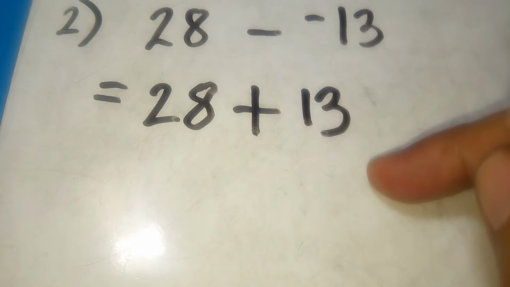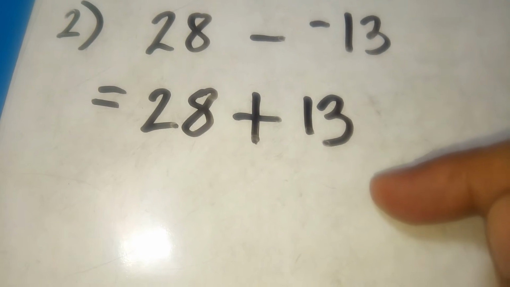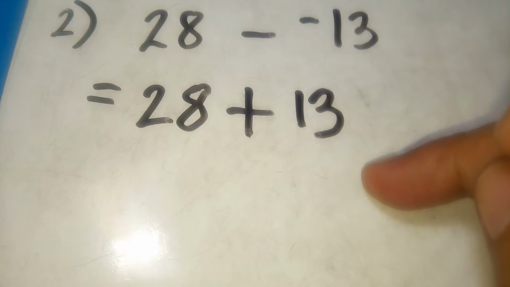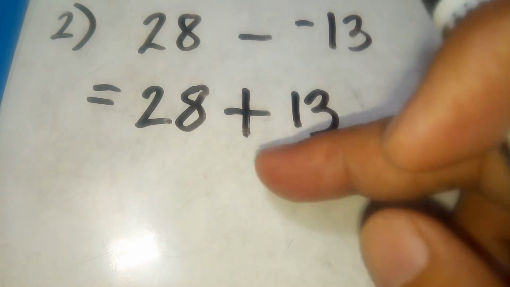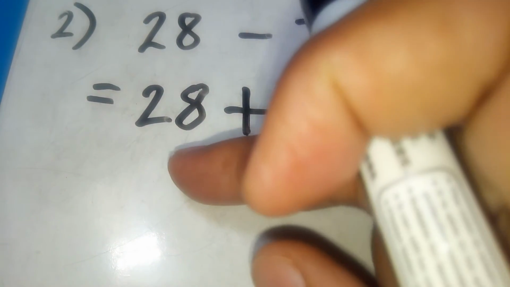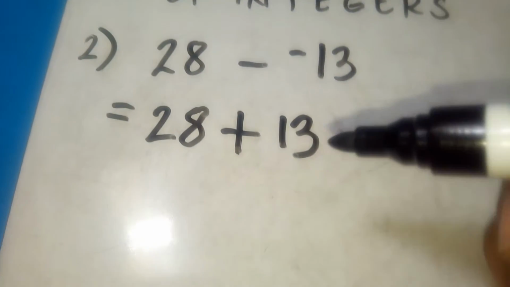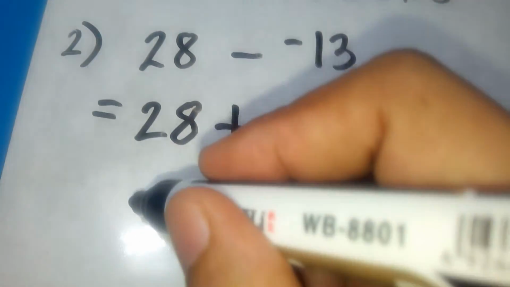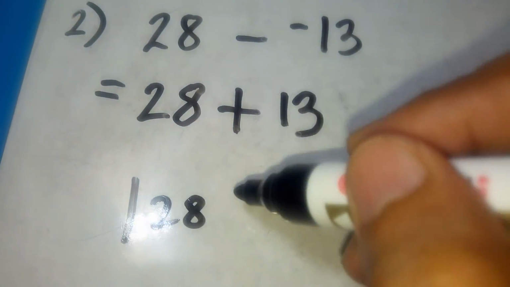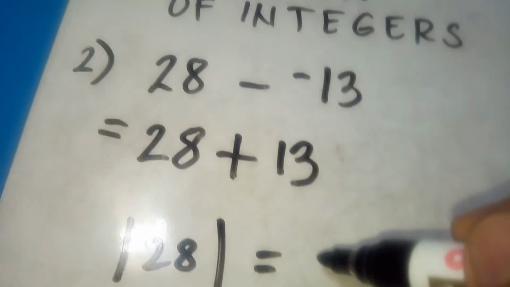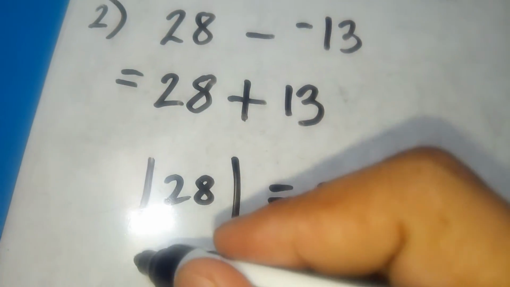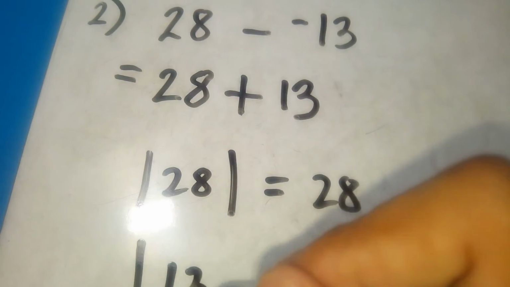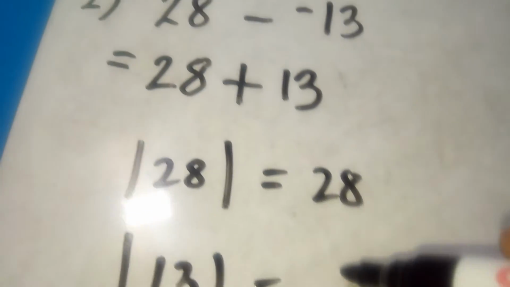If they are the same signs, just take their absolute values and add, then affix the common sign. The absolute value of 28 equals 28, and the absolute value of 13 equals 13.